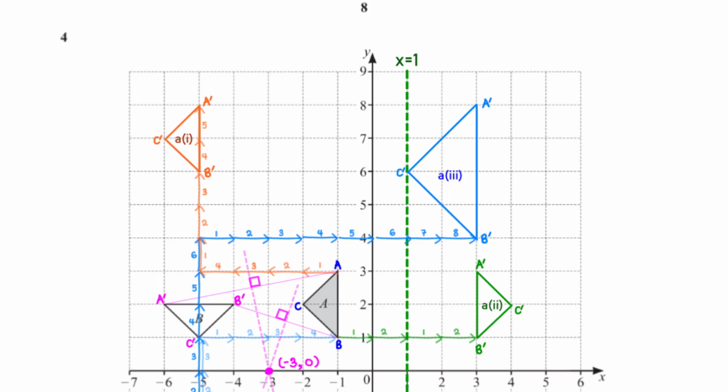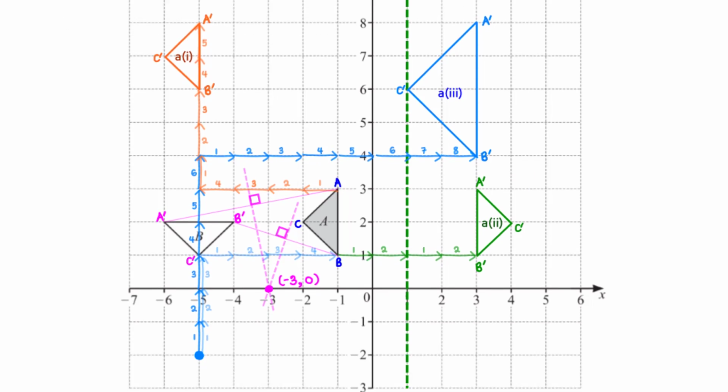So for point B on the triangle, since we move 2 units to the right to touch the line of reflection, we also need to move 2 units to the right from the line of reflection to pin the new position of point B. After repeating the same process for all the other points as well, we are able to map out the reflected image of triangle A.